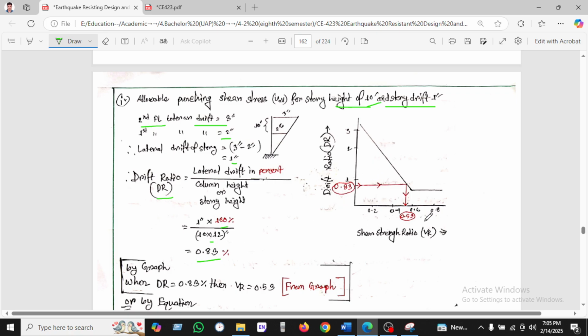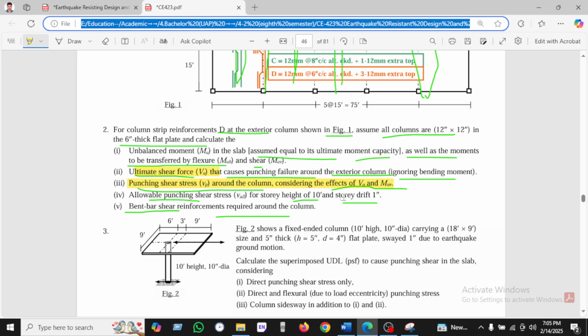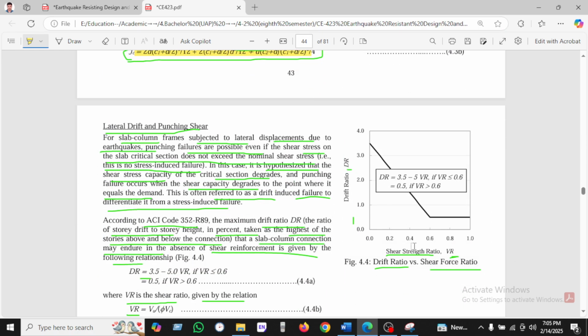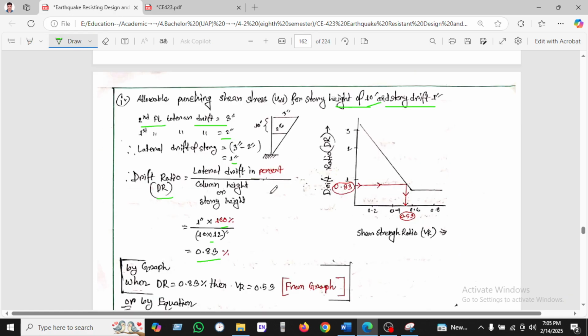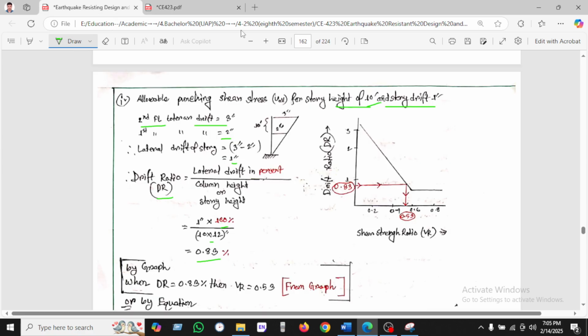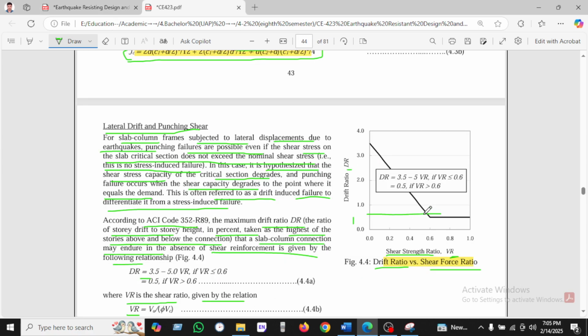So from this drift ratio graph, as we have seen previously, and the shear force ratio graph, from this graph we found 83 and putting here, found 0.53.